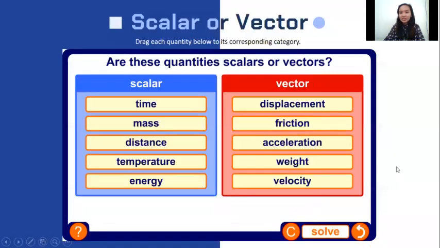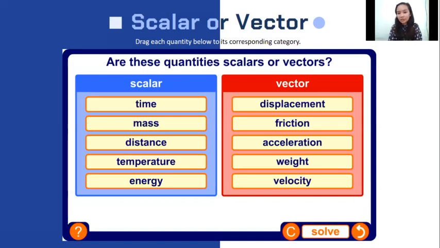Now here, we have the following quantities na naka-match siya if it is a scalar or a vector. Okay, so examples of scalar quantities, we have your time, mass, distance, temperature, and energy. So these are quantities that do not need direction. Okay.